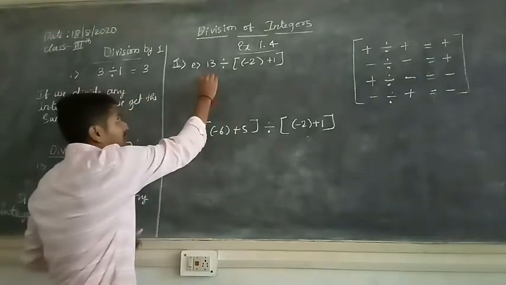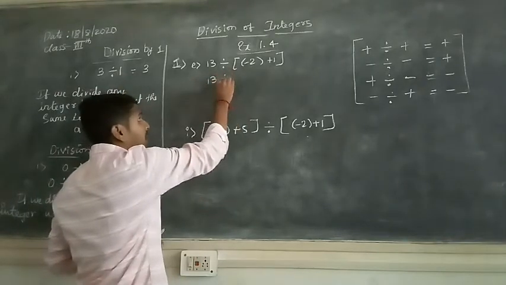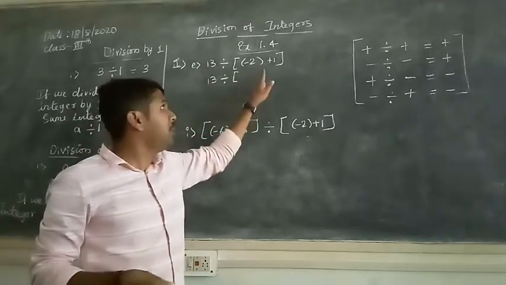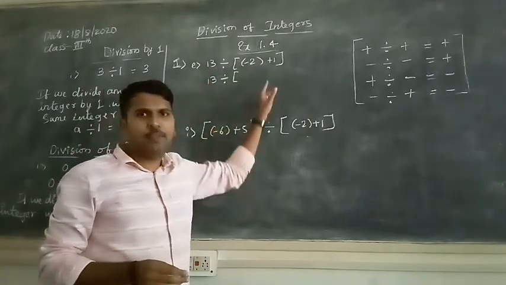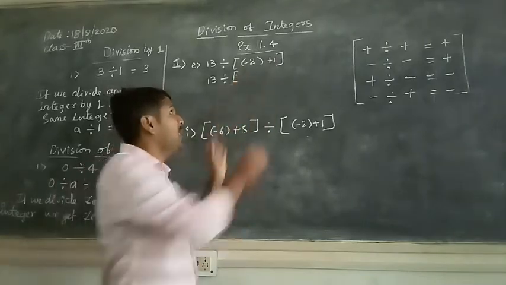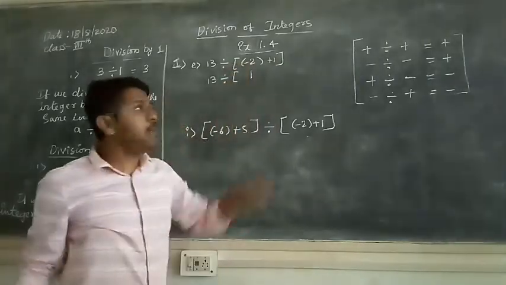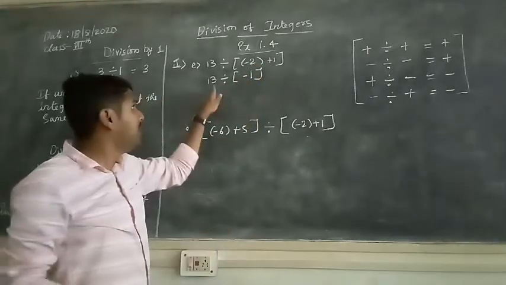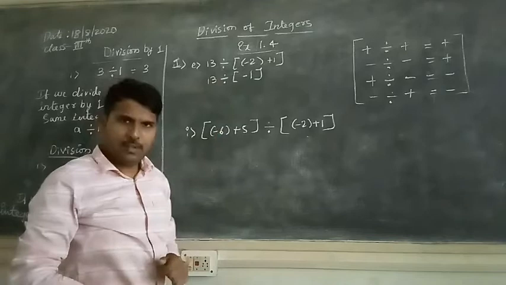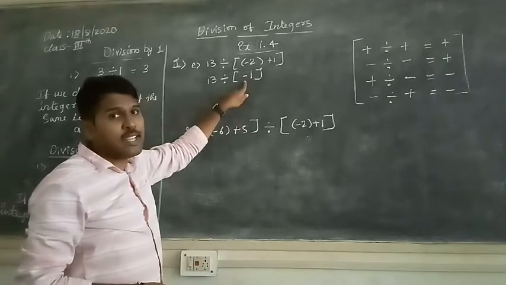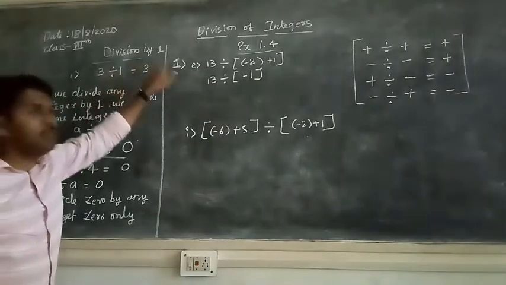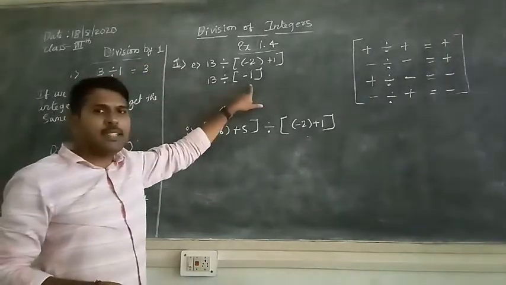So 13 as it is, divided by, solve this one, minus 2 plus 1. Here the numbers have different signs, so we subtract 2 minus 1, and the bigger number's sign is minus. So now divide 13 divided by 1. First leave the sign: 13 divided by 1, that is division by 1. If you divide any integer by 1, we get the same integer, no?